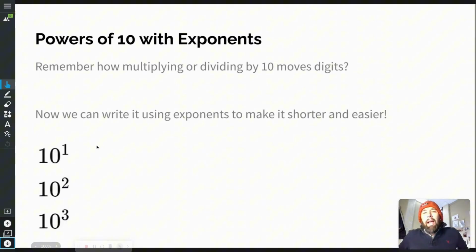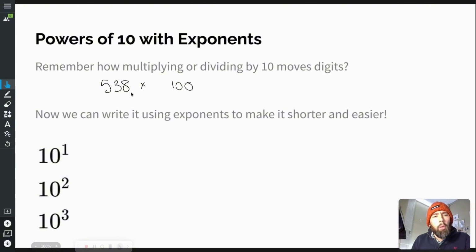So, in the last video we talked about powers of 10, but we never used it from an exponent point of view. So remember how multiplying or dividing by 10 moves digits? Well, I showed you in a previous lesson something like 538 times, let's just say 100. What you would do is you would take where the decimal would normally be, and since you're making that number bigger, you're going to move it to the right twice, and you're going to include 2 more zeros.